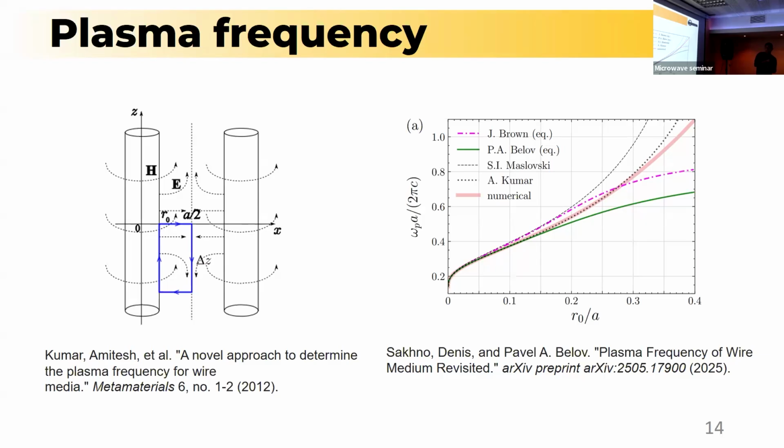Actually, we will be working in this regime in which the radius of the wires divided by the period is equal to 0.05. And in this regime, we can actually see that several analytical methods are matching well with the numerical one. Particularly if we go to the details, here this QMAR analytical model is the best one. So that's why we decided to use that analytical formula, but it's also possible to use the numerical one.